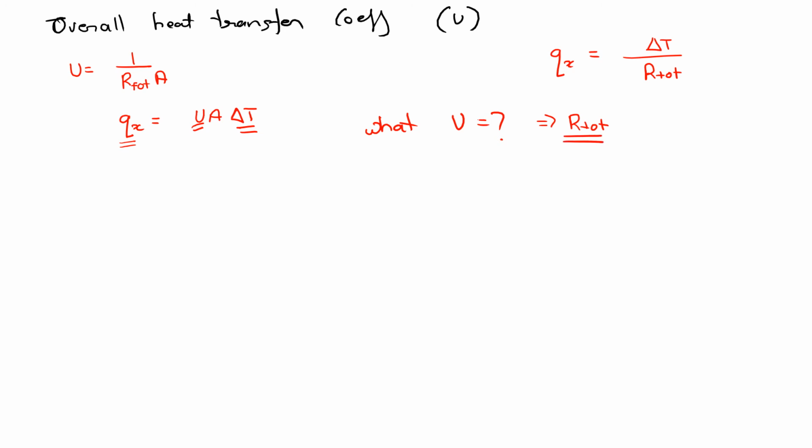Okay, and we just looked at how to find R total in the problem that we just solved. So keep this in mind. Read through the textbook, read chapter 3, and read what overall heat transfer coefficient is, and we will also be using this in some of our problems, so you will be able to understand this concept in more detail.